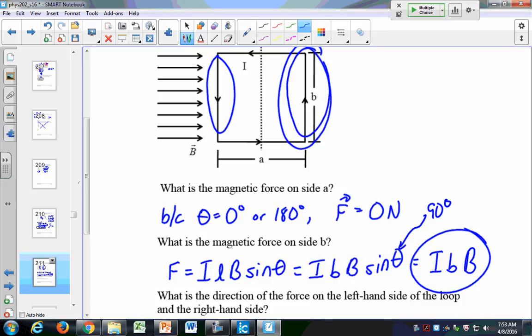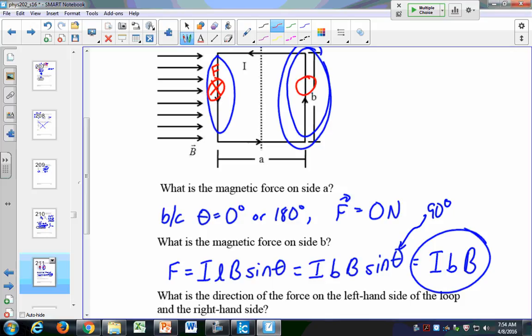They're going to be in different directions. So for example, on the left-hand side, what is the direction of the force? Let's see, my current is down, my magnetic field vector is to the right, like that. And so my force on this side is into the page. My force there is into the page. What about on the opposite side?